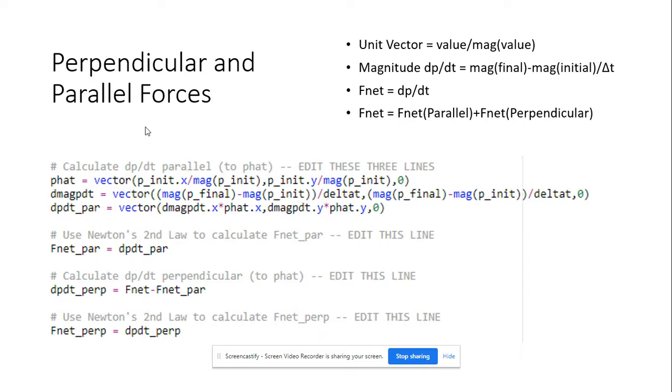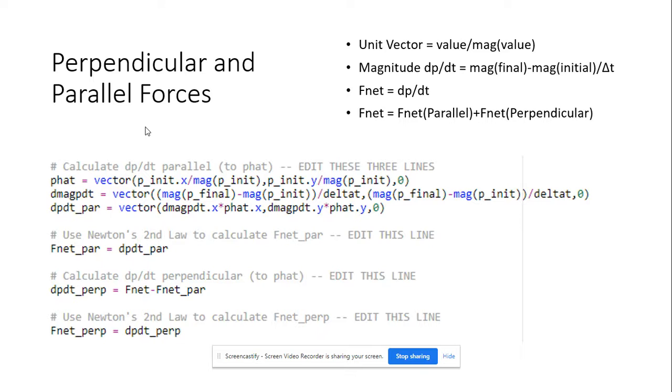For perpendicular and parallel forces, we're asked to calculate the unit vector, which is simply the value in any part of the vector divided by the magnitude of all those values squared, summed together, and then taken square root of, which is the magnitude of a vector.